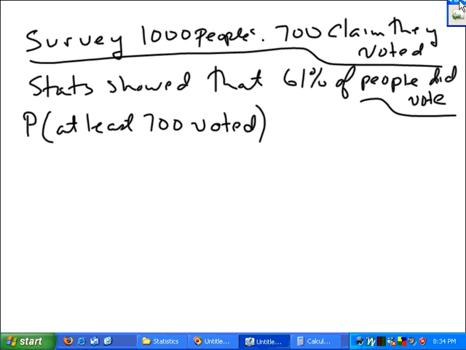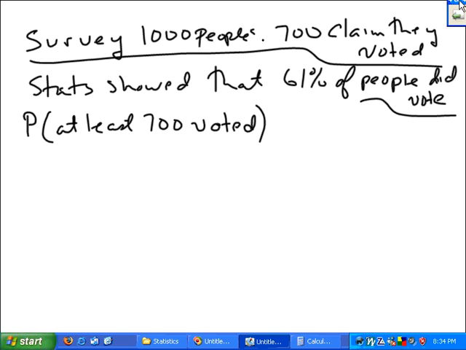So you survey 1,000 people, and you want to know what's the chance that at least 70% of them voted. Again, this is binomial: either they did vote or they didn't vote. 61% of the people did vote, 39% did not vote.